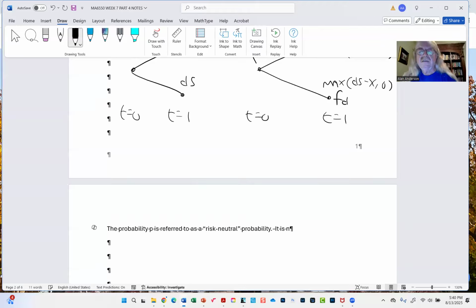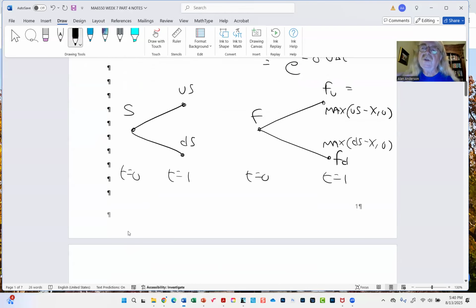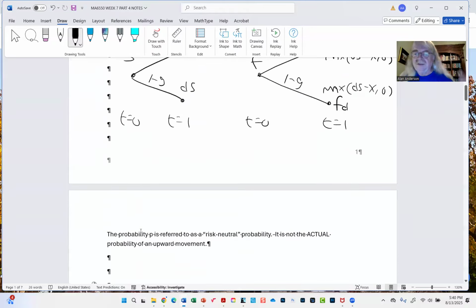It is not, you'll be shocked to hear, the actual probability of an upward movement. And so in order to illustrate that, we're going to let the letter G represent the real or actual probability of going up, and 1 minus G is down. And what we're going to prove here is something very surprising.